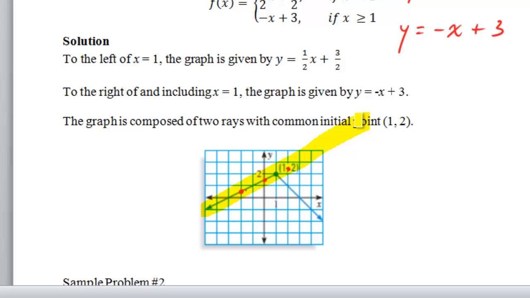Now, I'm going to move on to the other one as well, and then I'll come back to the piecewise part. So if I want to graph negative x plus 3, I'm going to go up 1, 2, 3, and I'm going to have a negative 1 over 1 slope. So I'm going to go down 1 over 1, down 1 over 1, and so forth.